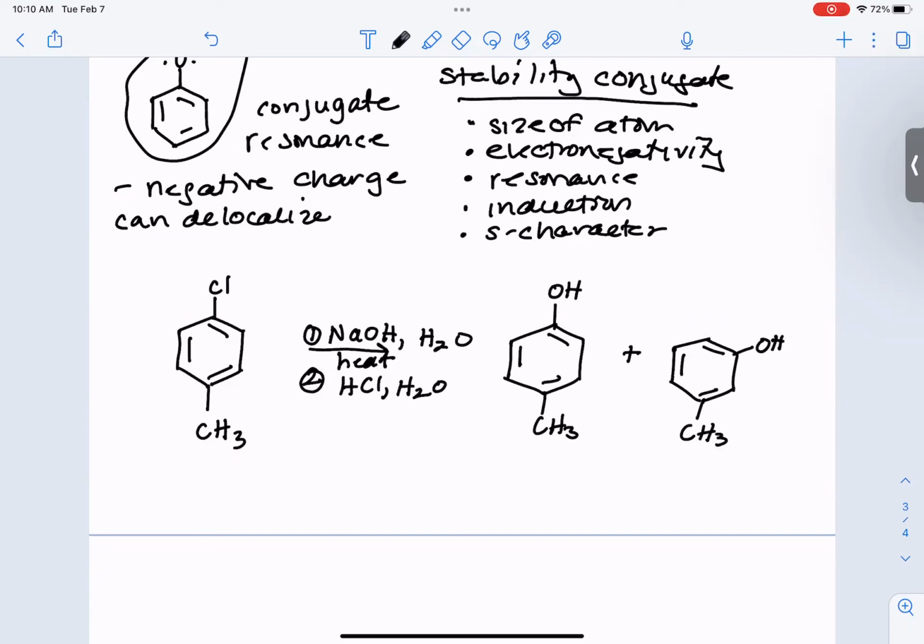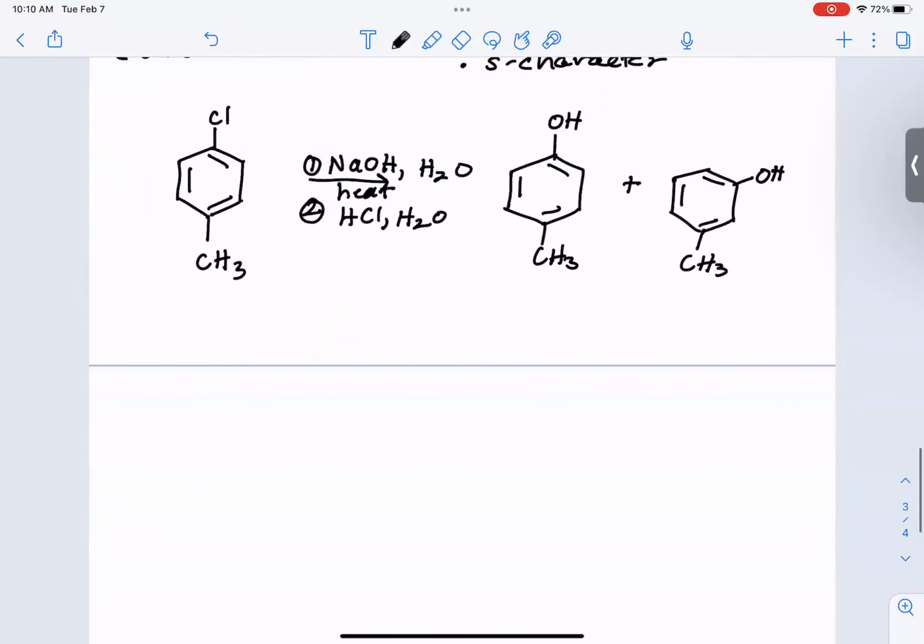So what I want to do beneath is just, again, show you how this happens. So that first step, again, is the elimination step.